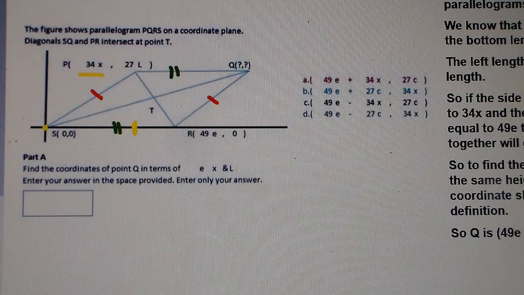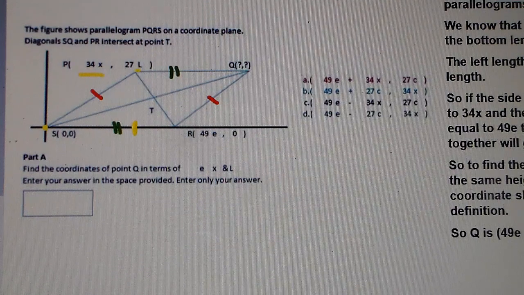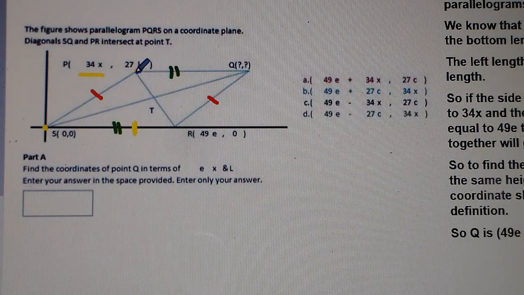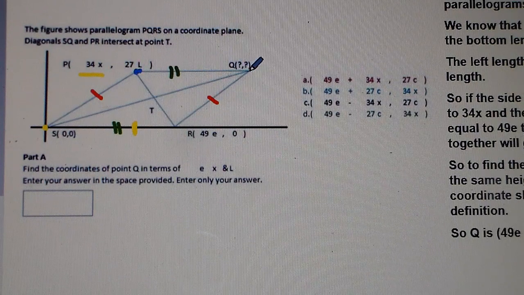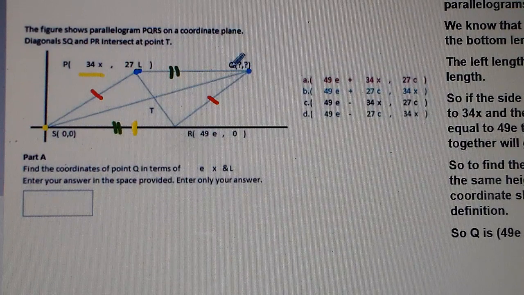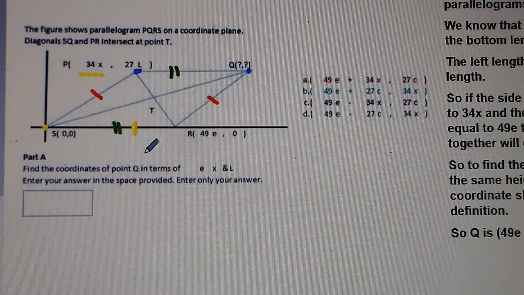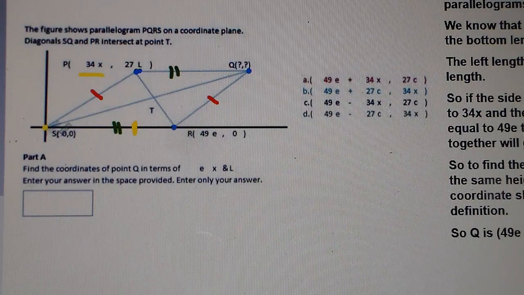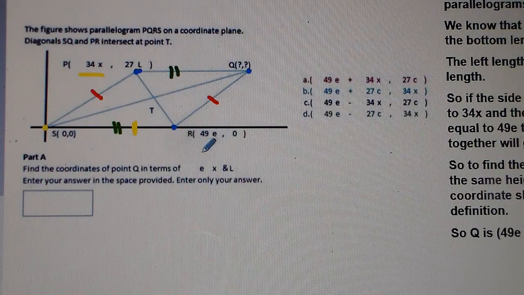Now, we also know the length from this dot, let's do it in blue, from this dot to this dot. Well, we don't know exactly what that length is, but we do know, based on the parallelogram, the length from here to the origin is 49e.